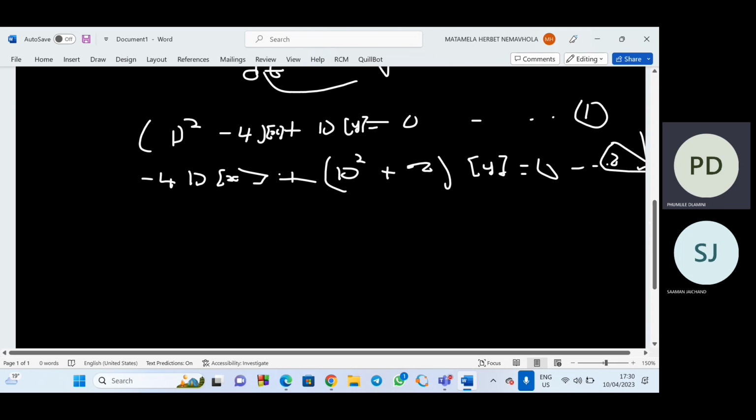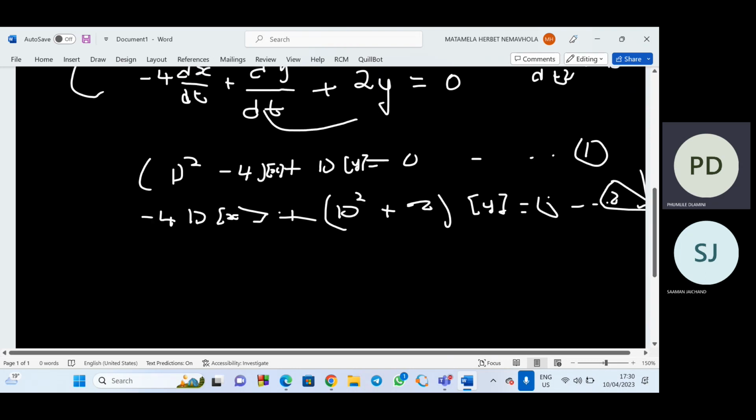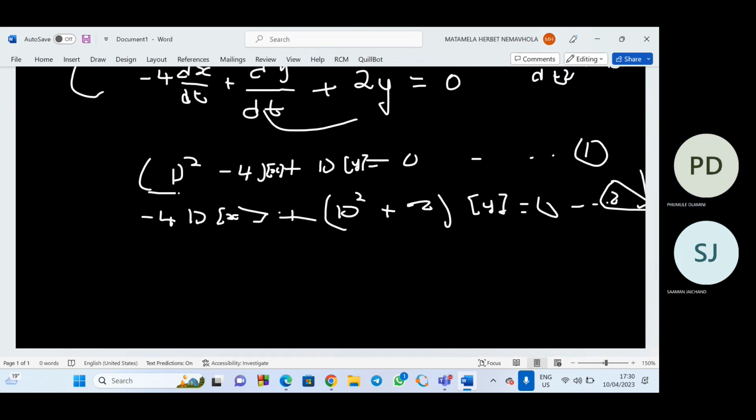We know that if we are working with simultaneous equations and want to eliminate this side here, we must make this one equal to this one so that we can get 0. So in order to do that, we're going to multiply equation 1 with minus 4d, and then we're also going to multiply equation 2 with d squared minus 4 so that we can eliminate the side of x.